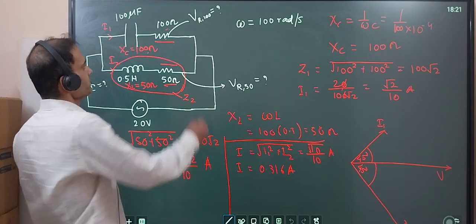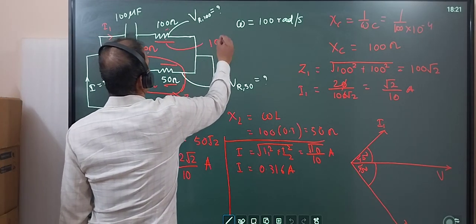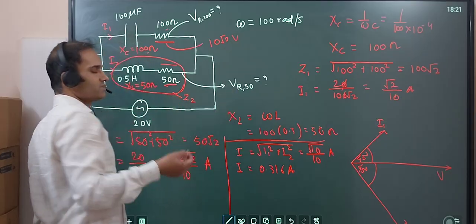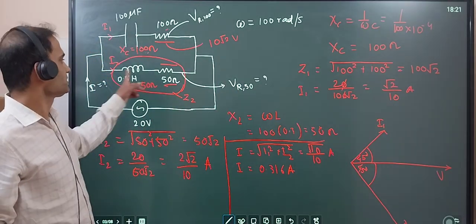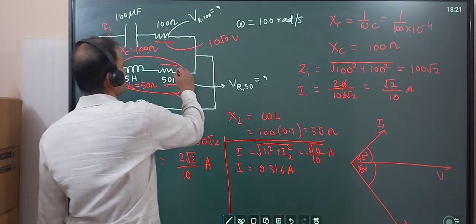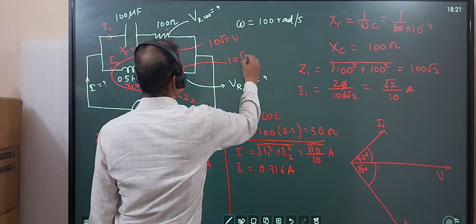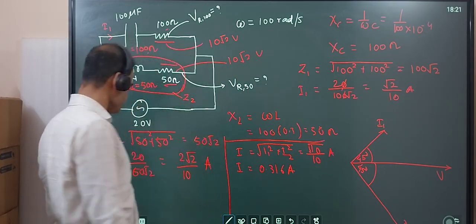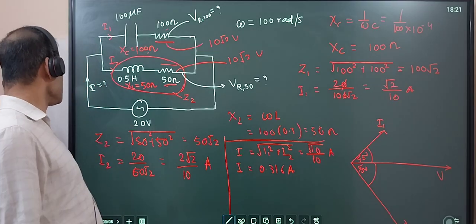This will also be 10 root 2. By a similar argument, this will also be 10 root 2, because this is 50, this is 50, so this will also be 10 root 2. So we did everything.